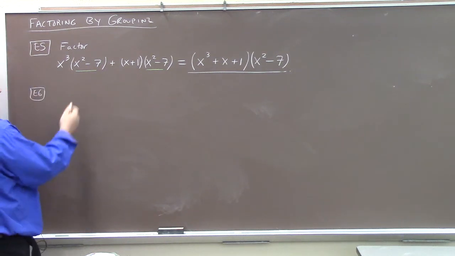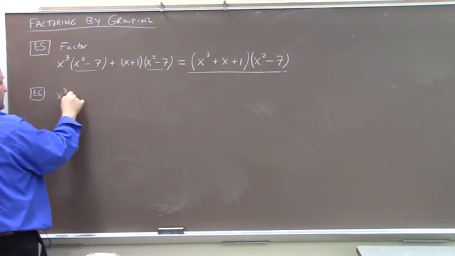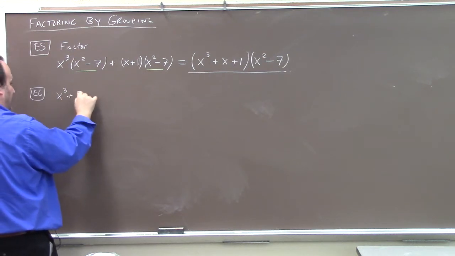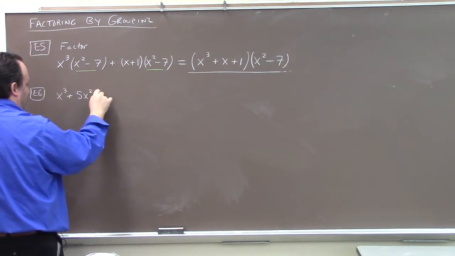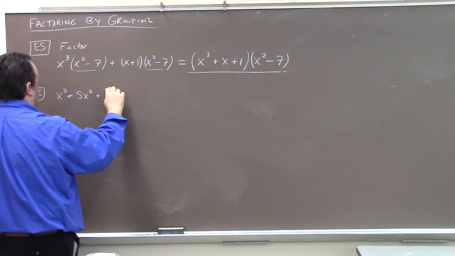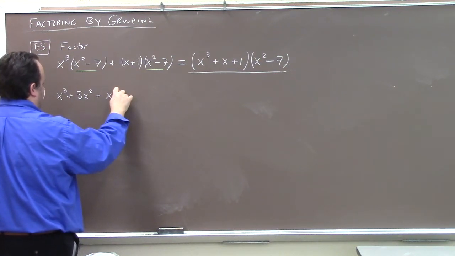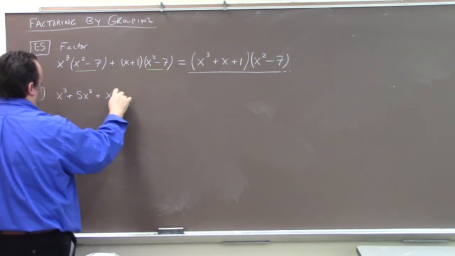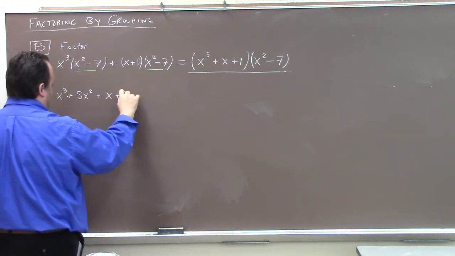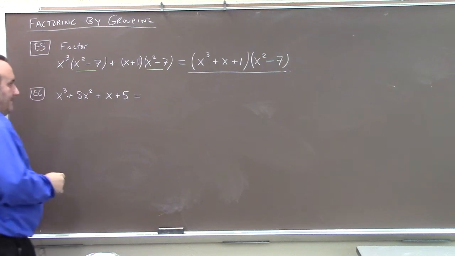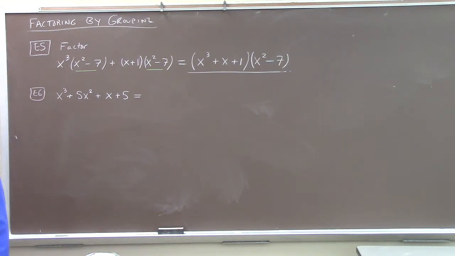I'll do another example. X cubed plus 5x squared plus x plus 5. Let's try to use the factoring by grouping idea to help factor this.